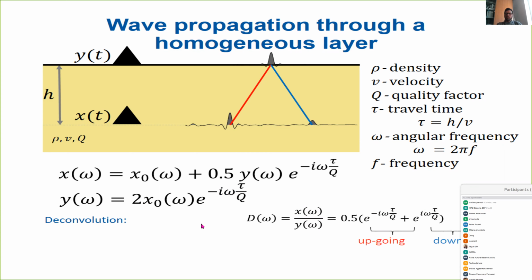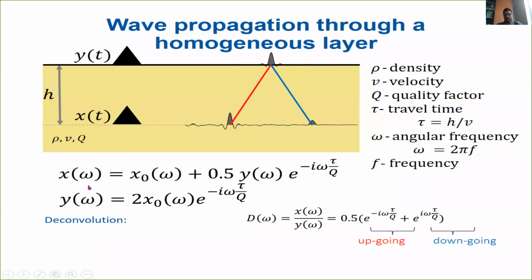So now what I can do is calculate the transfer function, the function that is describing the propagation, for example, from the top to the bottom. And in this case, this would be identical to the ratio between the spectrum epsilon of omega and x of omega.